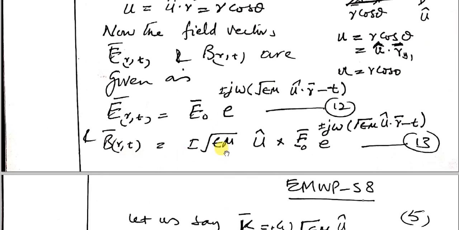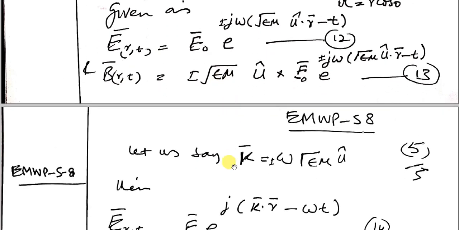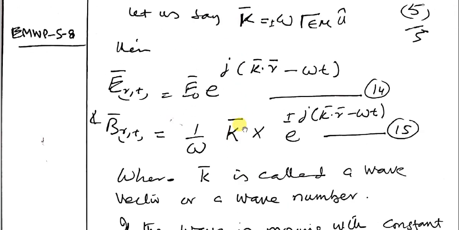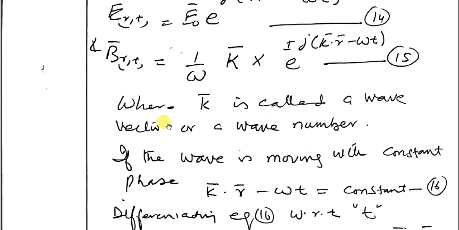If you multiply and divide by omega, you get omega times square root of epsilon mu, which is the magnitude k, and the unit vector u is also the direction along which the wave is propagating. So it will be the k vector divided by omega times the same function. Now k is called the wave vector or wave number.